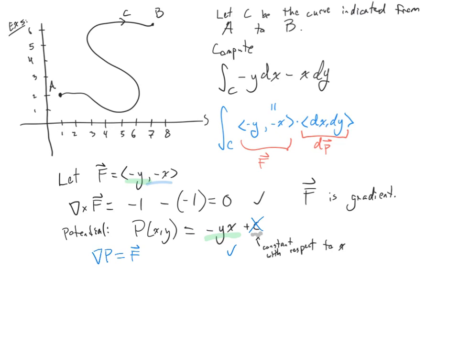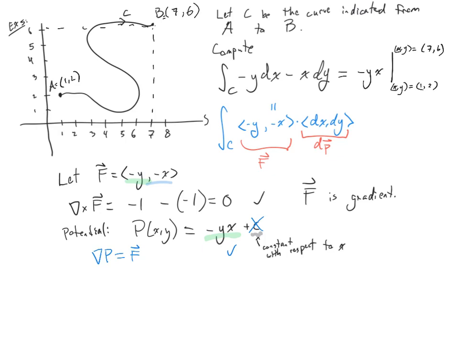And so now the only remaining point is to find the values for A and B. So A looks like the point 1, 2, and B looks to me like the point 7, 6. So my conclusion is that this is equal to minus yx evaluated from where x, y is my starting point, 1, 2, up to where x, y is 7, 6.